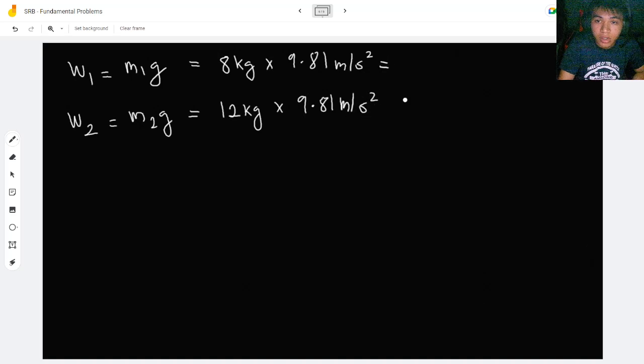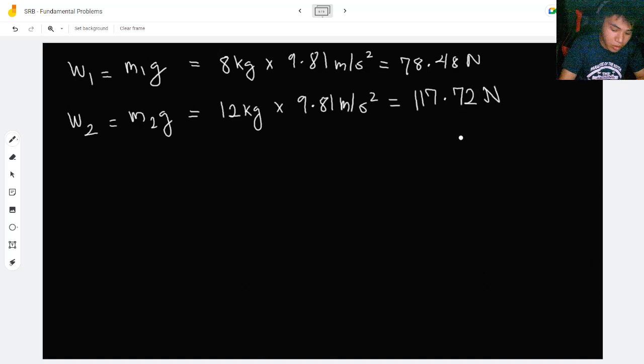Okay, and once you input that in your calculator, you should have the answer for the first one, 78.48 newtons, and for the second particle, it's 117.72 newtons.